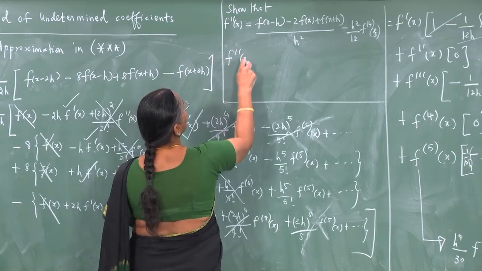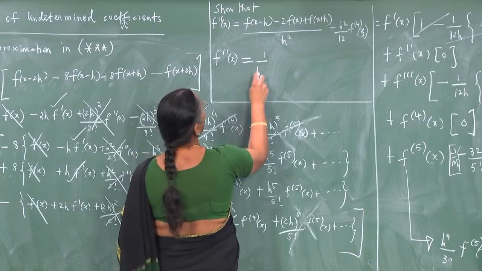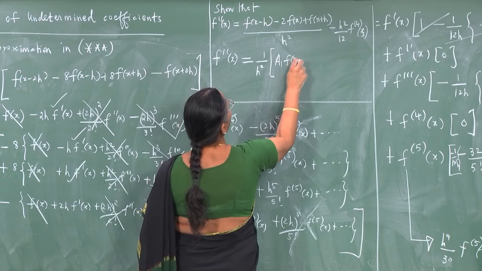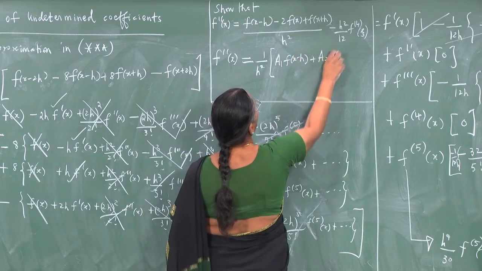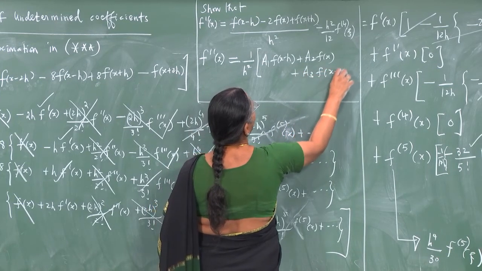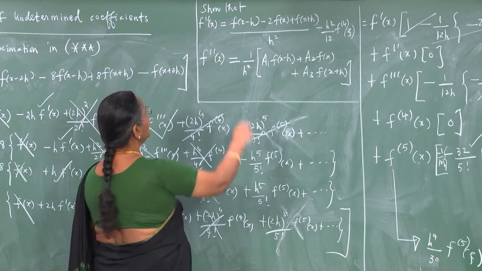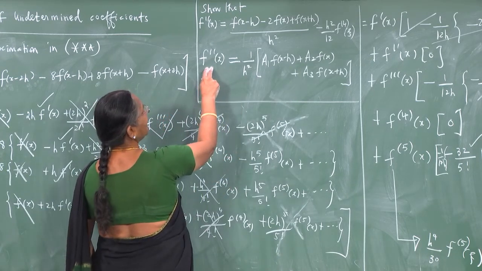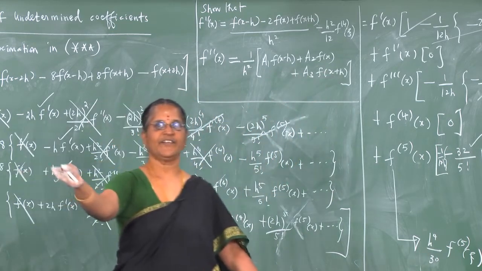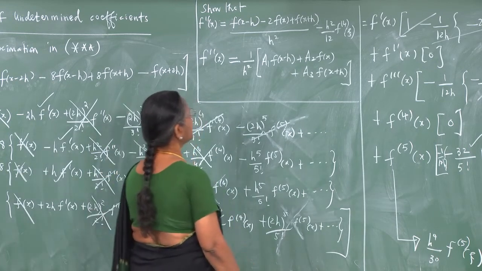So, how do you start? You say that you propose a method which is of the form 1 by h square into a1 into f of x minus h plus a2 into f of x plus a3 into f of x plus h, which is again a central difference formula because it gives you the derivative at x in terms of the function values on either side of x along with the value at x. It is a central difference scheme.